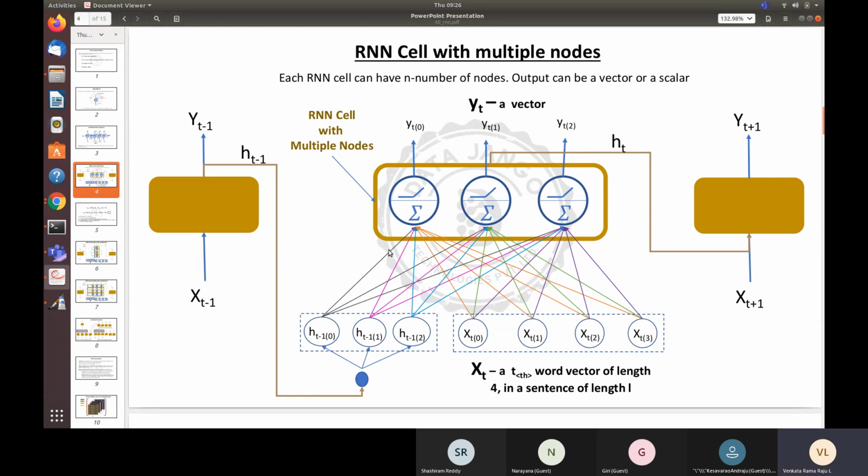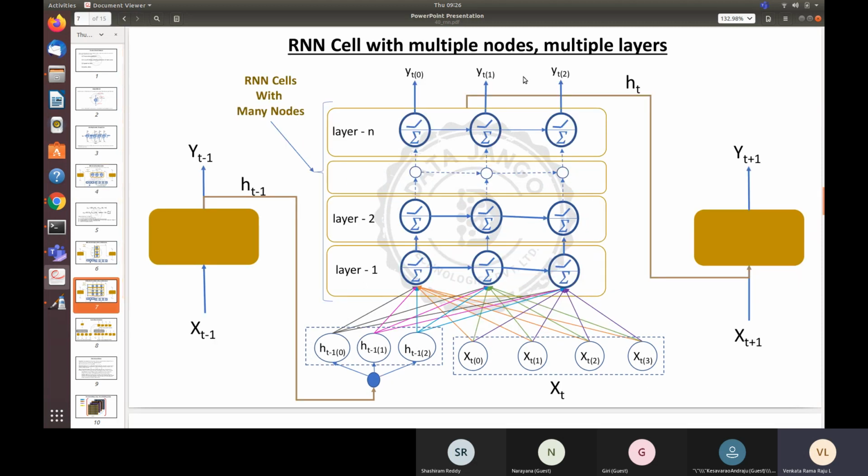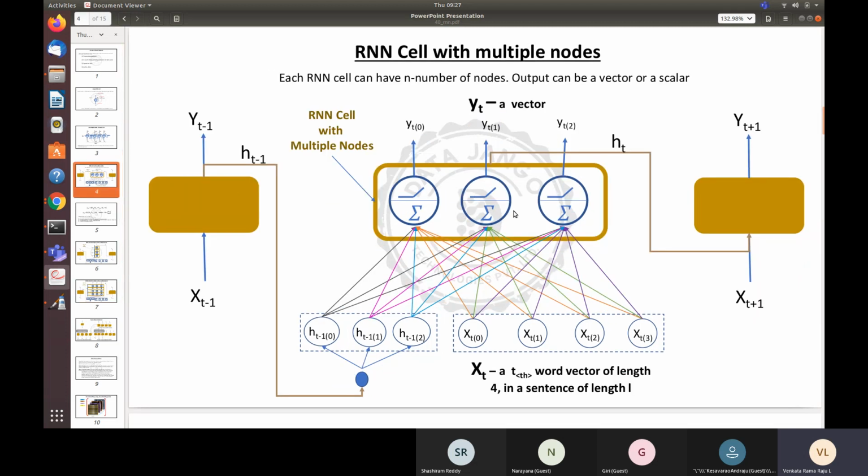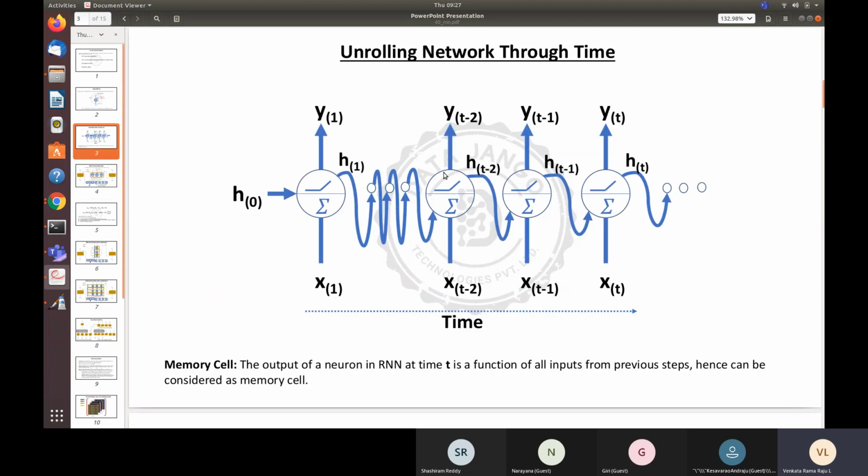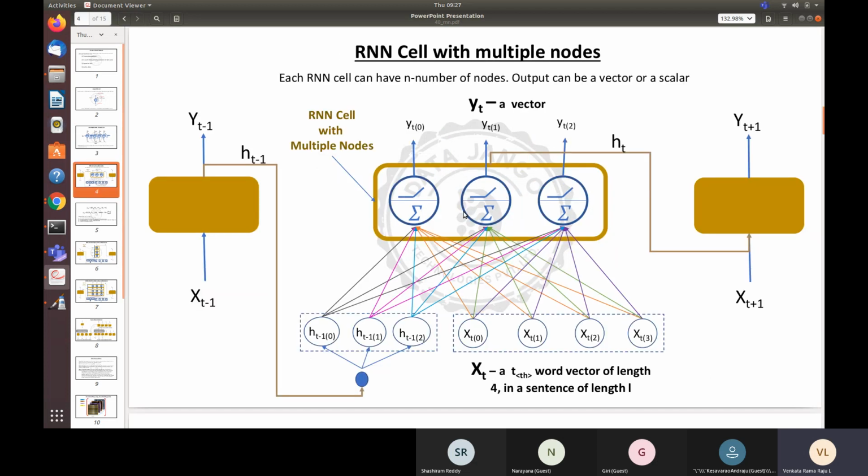But there are layers also: in a particular cell you can put multiple nodes and multiple layers. You can think of that as one layer. The terminology may be a bit different, but you can imagine it like that.